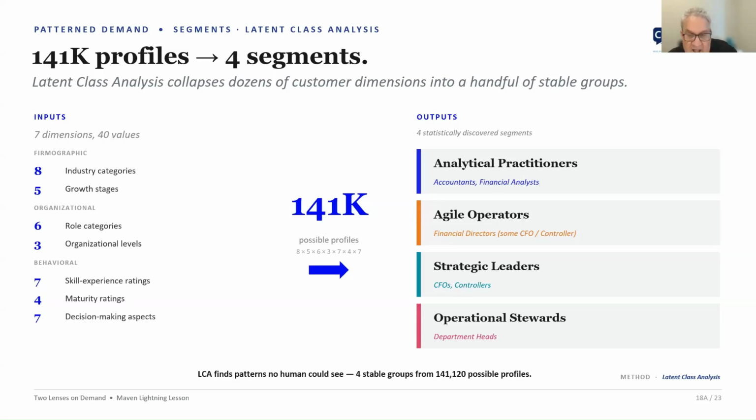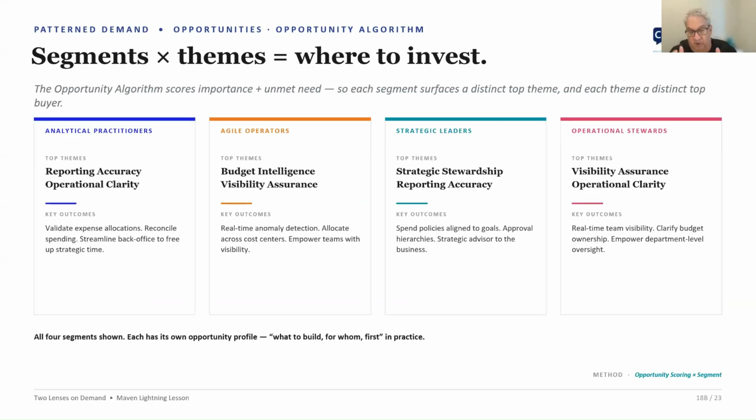And in this part of the analysis, we reached this conclusion that there were four core segments. One we called analytical practitioners, agile operators, strategic leaders, and operational stewards. And then those four different segments, this segment cross themes, help inform where we might invest.